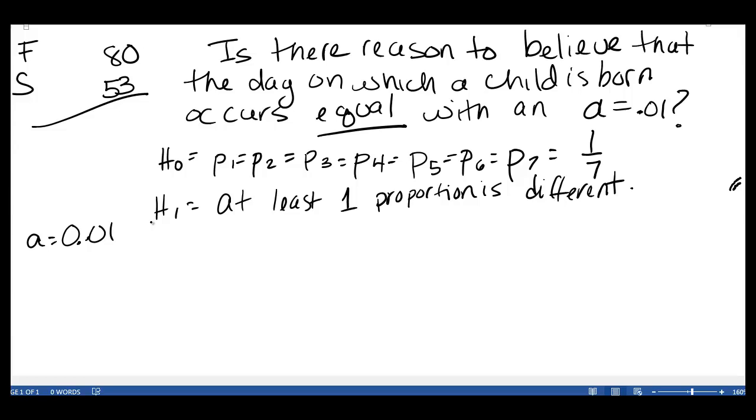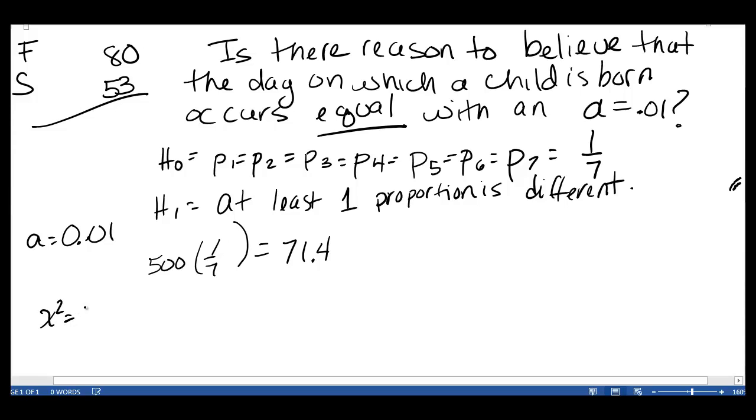Well, what we know is that there were 500 birth records obtained. 500 times 1/7 is 71.4. So we're going to use that in our calculation. And since all expected counts are greater than or equal to 5, the requirements for the goodness of fit test are satisfied.